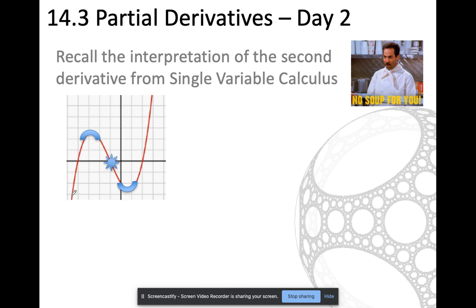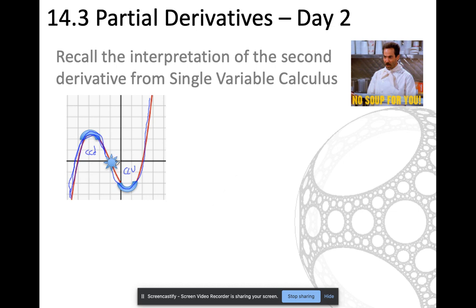So this whole part of the graph is concave down. This whole part of the graph is concave up. I call that soup for you, right? That's like a soup spoon. This is concave down. I call that no soup for you because you can't get any soup if you use your soup spoon that way.